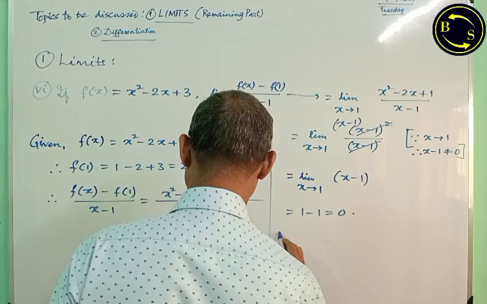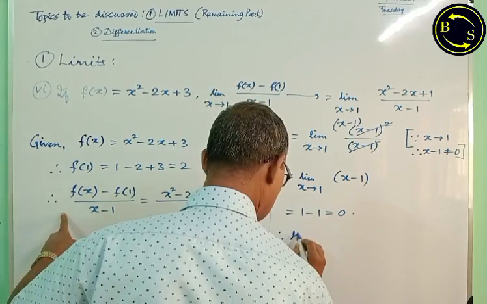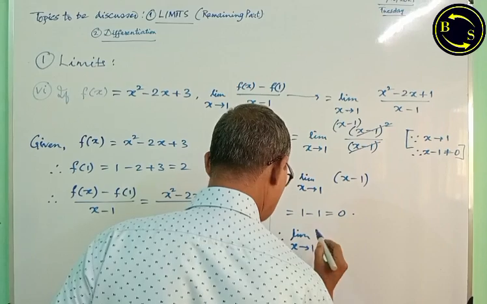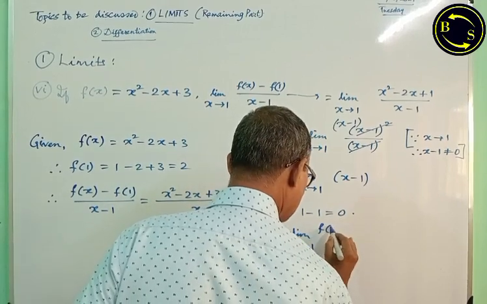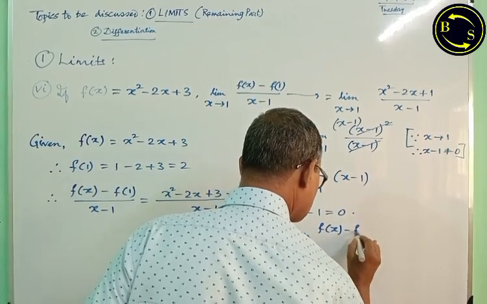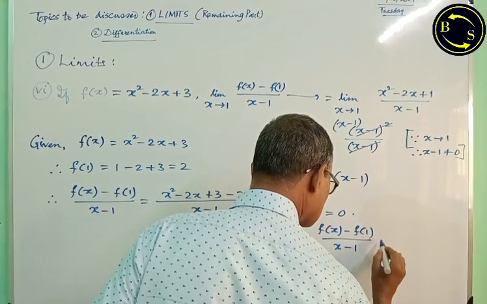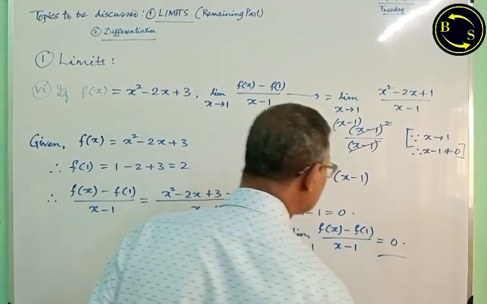Therefore, finally I write this step. Limit x tends to 1 of (f(x) minus f(1)) by (x minus 1) equal to 0.